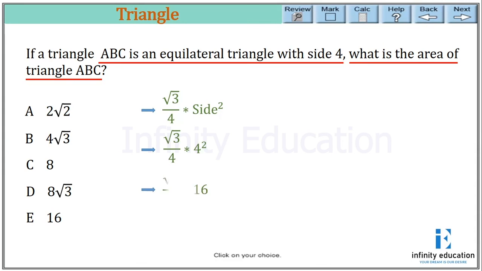So again root 3 by 4 into 16. So 4 square is 16. Now, if I do the simplification, it will look like 4 root 3. So the area of the equilateral triangle ABC with side 4 should be 4 root 3. I hope the question is clear to you.